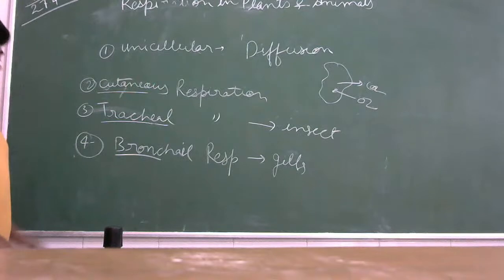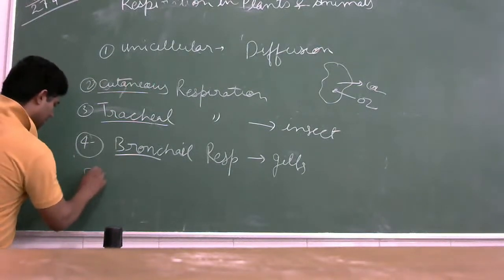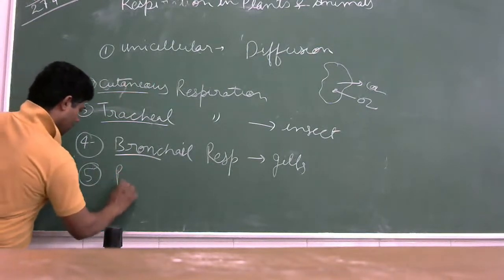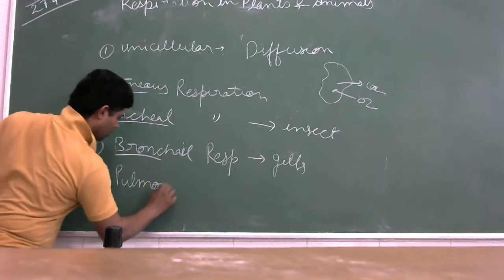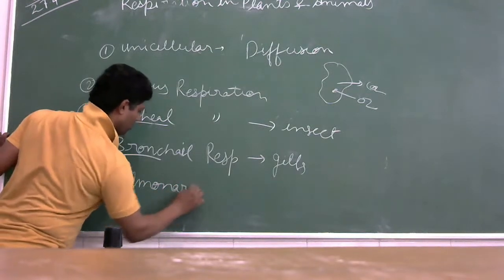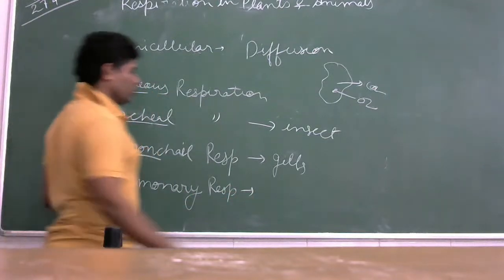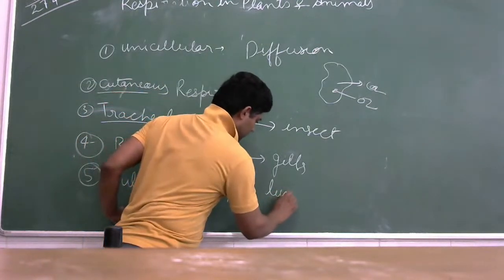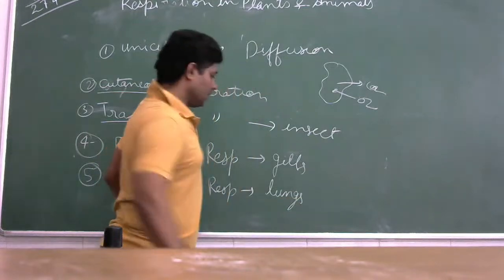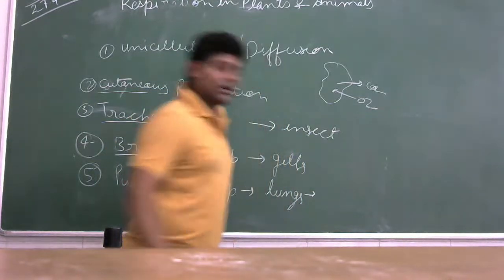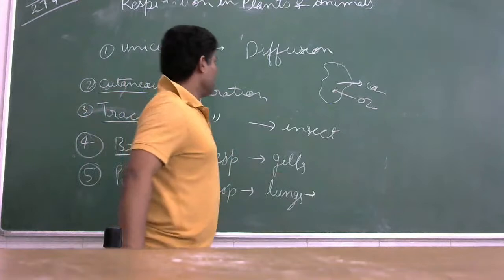And the last one is pulmonary respiration, respiration through lungs, right? And the example is large terrestrial animals.